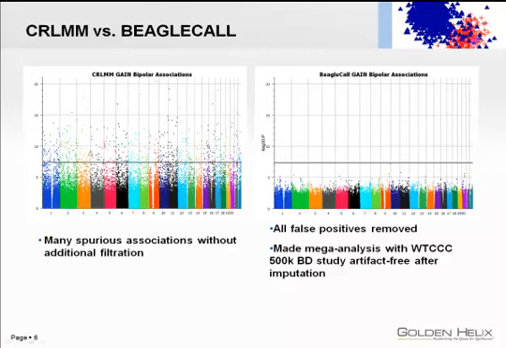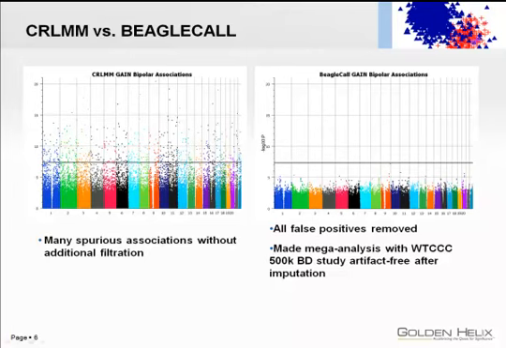So if we say 5 times 10 to the minus 8 is genome-wide significant, clearly there's lots that are above that 5 times 10 to the minus 8 with C-realm, and there was none above 5 times 10 to the minus 8 after BEAGLECALL. So in a sense, there's no signal, so there's no spurious associations.